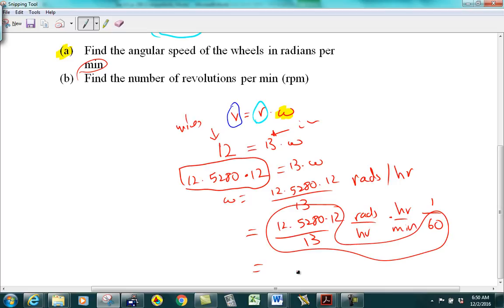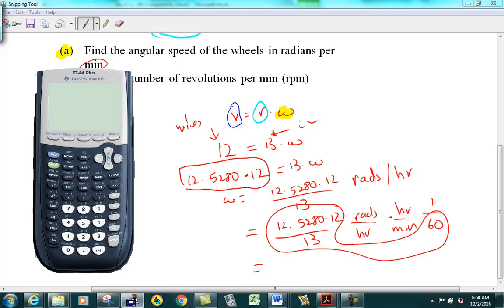So let me pause here, get my calculator out, chug away on that, and give you the answer so that when you do it, you know your answer is the same. So, why don't I bring my calculator up in here. So I've got 12 times 5280 times 12 divided by 13 times 60.